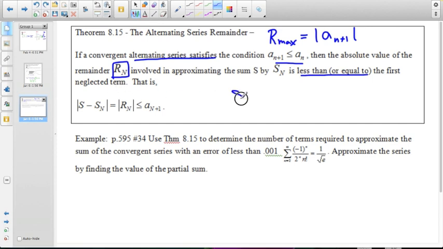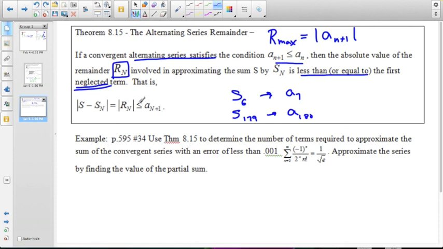So in other words, if we have a 6th partial sum, the first neglected term means the first term you didn't add after you found the partial sum. So the first neglected term would be a7. If we had a partial sum of S179, then the first neglected term would be a180.